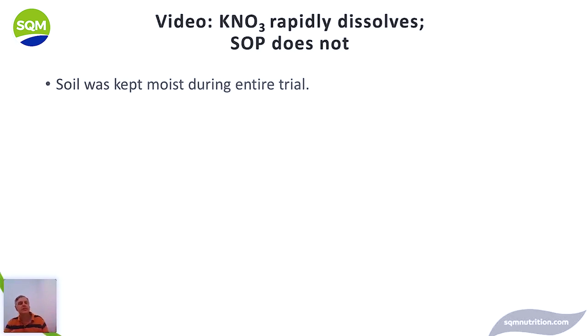And why is the effect on the dissolution important? Because the faster the fertilizer is dissolved, the faster the nutrient will be available for plant uptake. So when we see a difference in solubility between the sources that we are using, we need to keep in mind that the difference will be reflected in the nutrient availability for plant uptake.